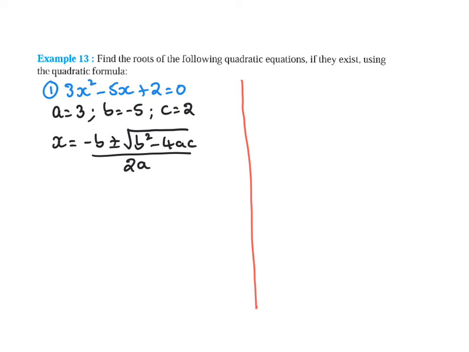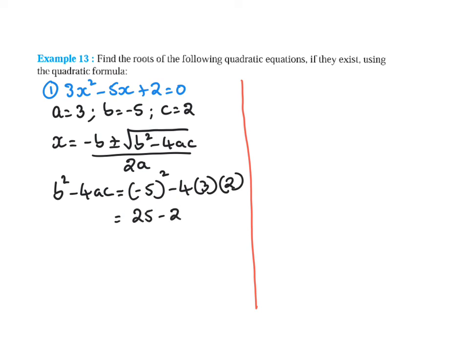By figuring out what b squared minus 4ac is equal to. b is negative 5, so negative 5 squared minus 4 times a, which is 3, times c, which is 2. So this is going to be 25 minus 24, which is 1. So b squared minus 4ac is 1, which is greater than 0. So this will have 2 real roots.